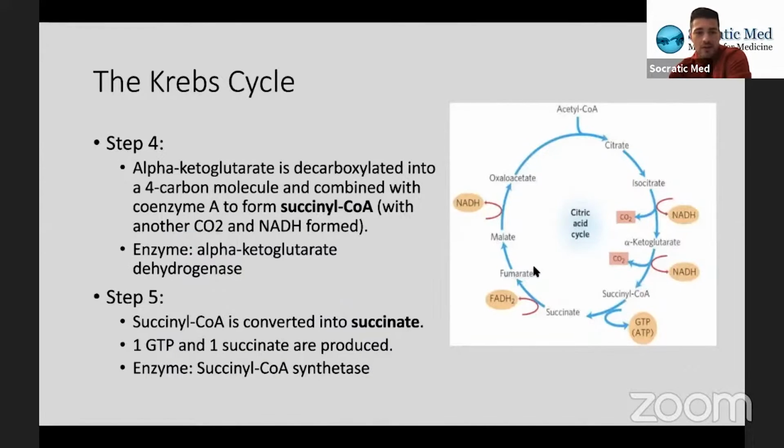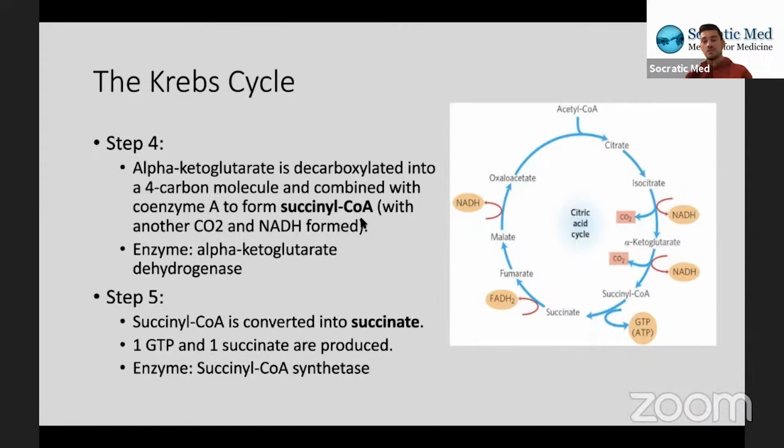Okay, so we now have our alpha-ketoglutarate. We let go of a carbon dioxide molecule, and we're going to move on to step 4. So it is now decarboxylated. Remember, that means we're taking a carboxyl group and releasing it as a CO2 molecule. And it is a 4-carbon molecule now, and it's going to be combined with coenzyme A, and the product after step 4 is going to be succinyl-CoA.